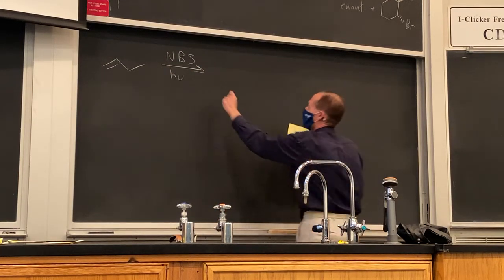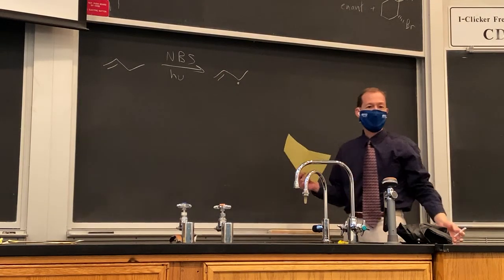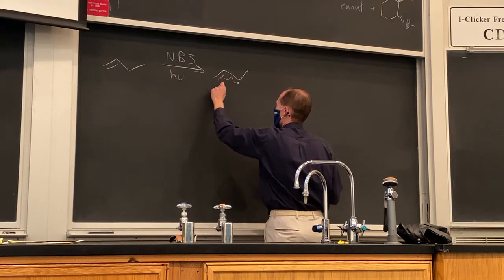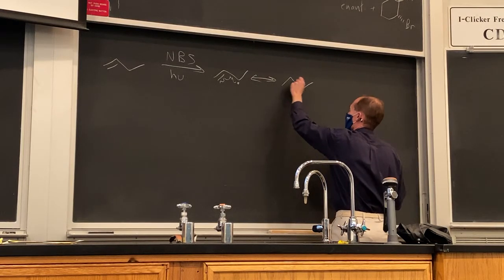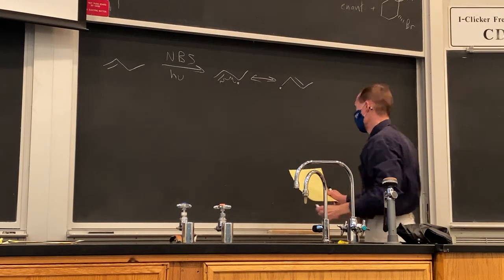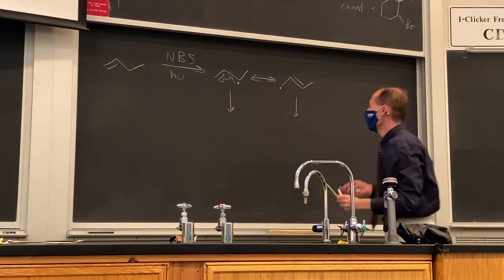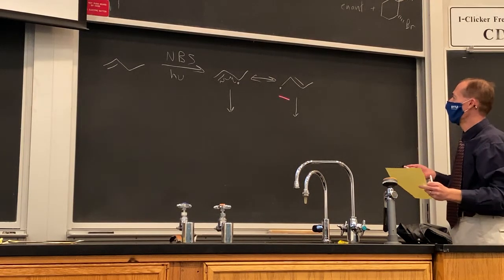So first, we're going to generate our allylic radical, and then we can draw our resonance structure. Okay. And now, remember, we only have one allylic radical. There's only one species here. We don't have an equilibrium between these two.